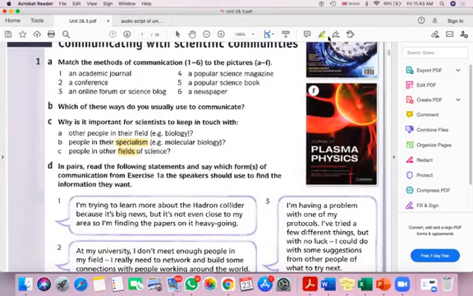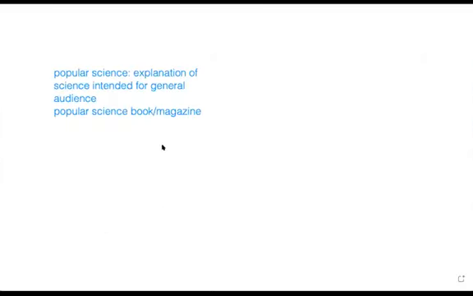What is the difference between specialism and field? Specialism is specific, while field is general. So, for example, when I say, what is your field?